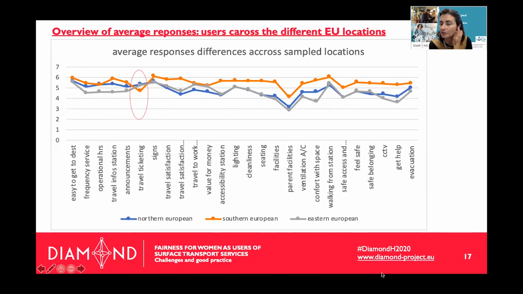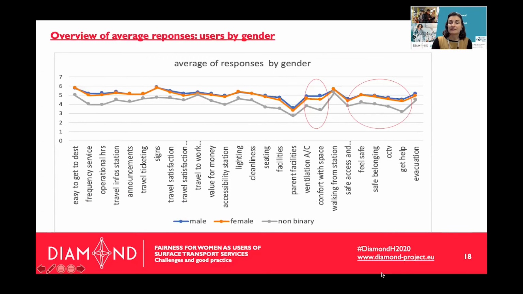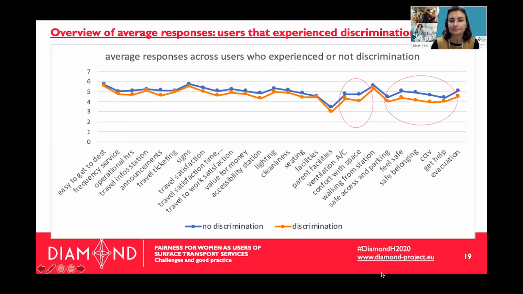We were also able to distinguish and benchmark the samples across the locations to find that, for instance, the Southern European sample seems to be more satisfied across a number of categories, except the ticketing and the economic value of the travel experience. And when we compare male versus female and non-binary, we found non-binary respondents at a lower level of satisfaction than others.